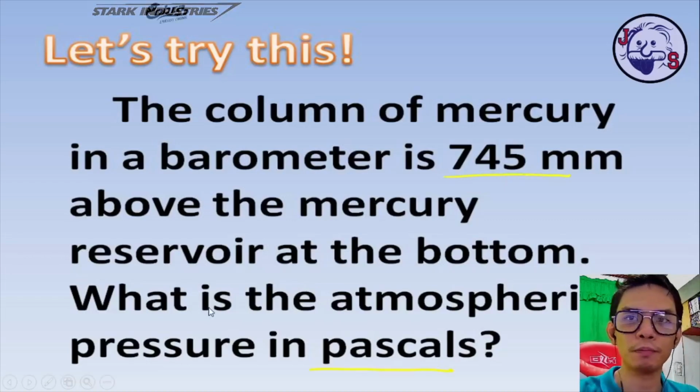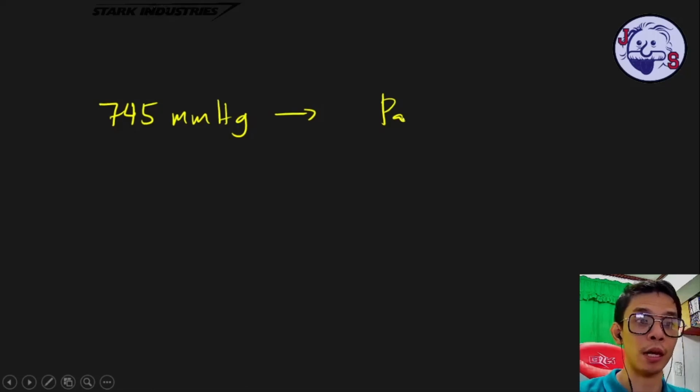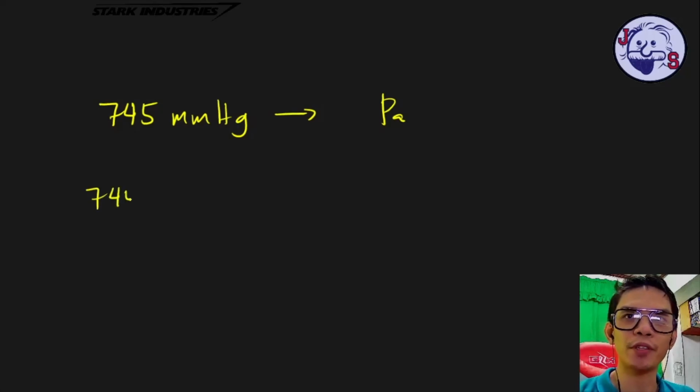The value is 745 millimeters of mercury. How many pascals is that equivalent to?